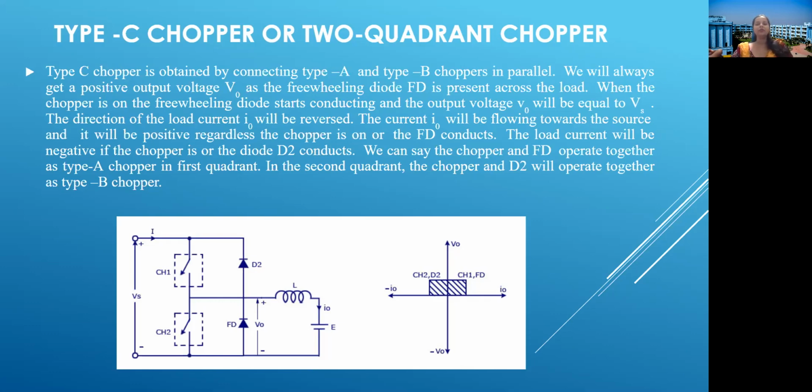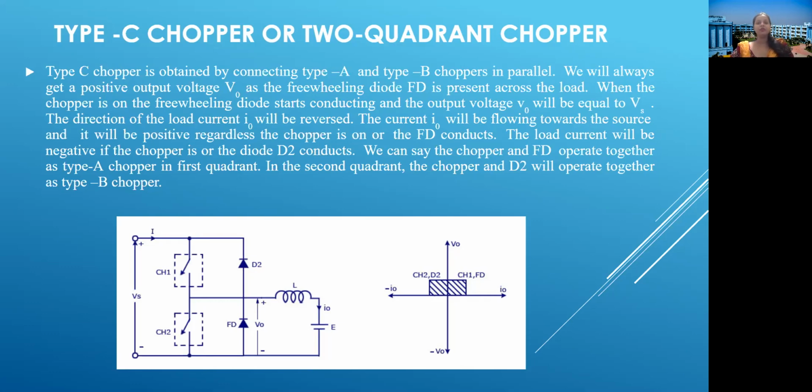Now come to the second part, second quadrant operation. Here current is negative and voltage is positive. That means DC power is negative, and negative power produces negative torque, which means this second quadrant operation symbolizes braking operation.